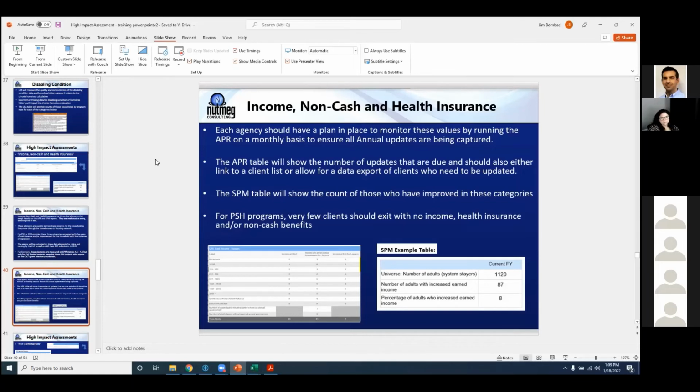And if something happens sometime after that, that'll be captured on the next APR, should they still be in that situation at their next anniversary. So again, keep in mind that it is based off the client's anniversary, their annual assessment, and your APR submission off your grant dates. So there will be times when you have favorable data. There will be times when you'll have to show that the clients had a backslide for one reason or another.